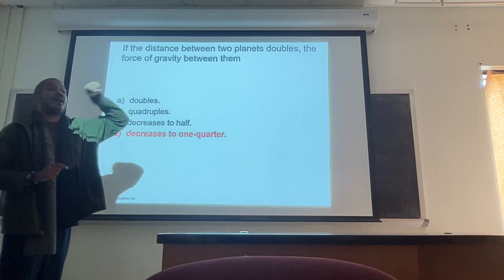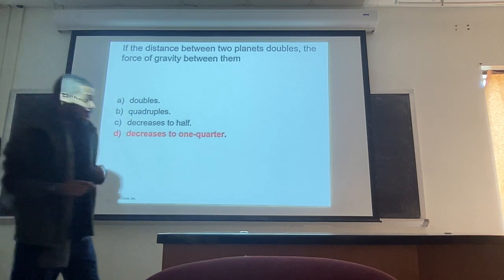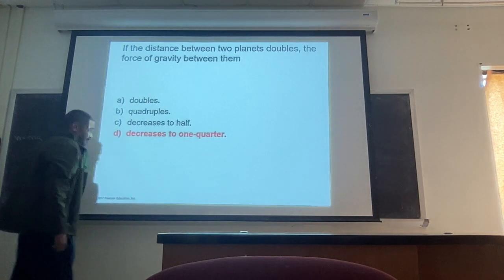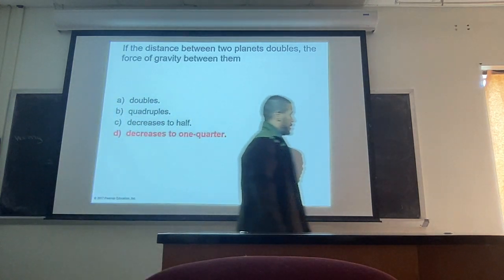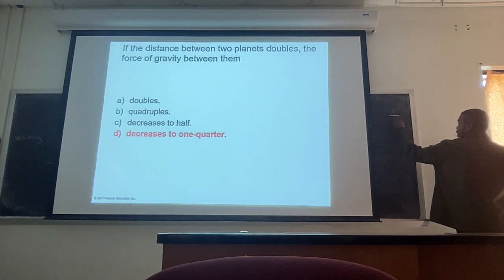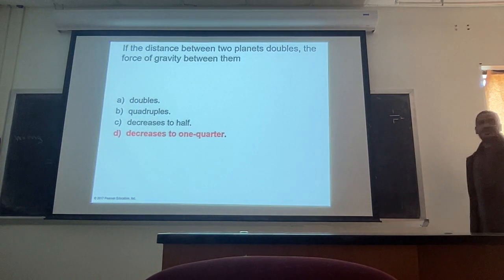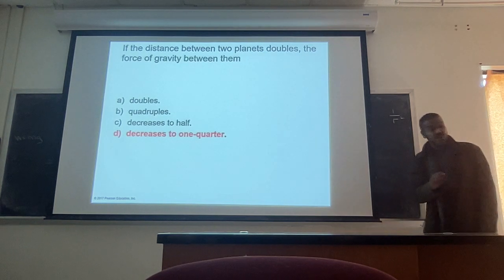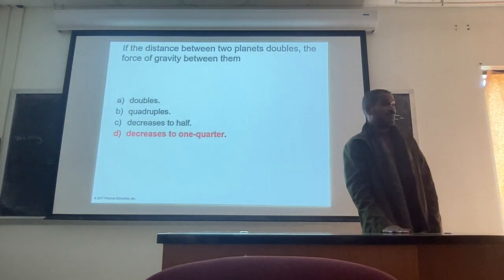So if I double r, 2r, right? I know y'all don't like this math, but it's the only way you can explain it. 1 over r squared. This is an inverse square relationship. Remember we went over this? Or do y'all not remember?